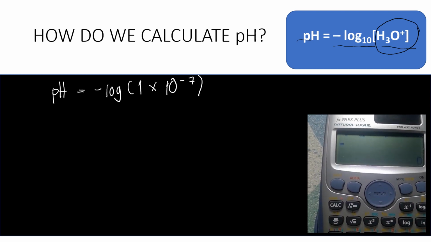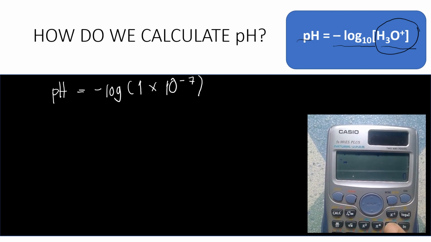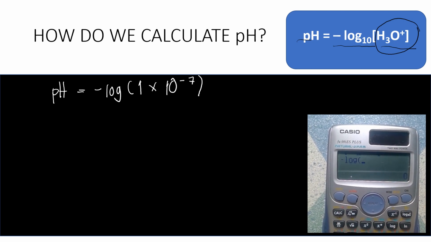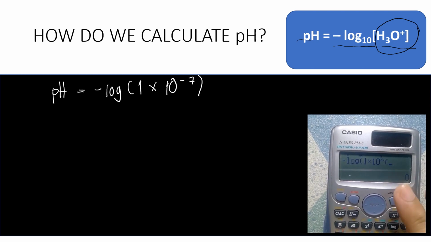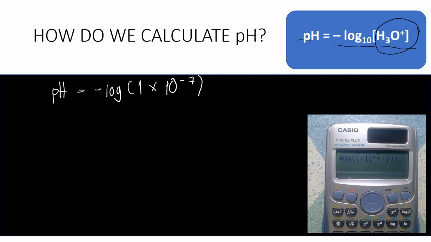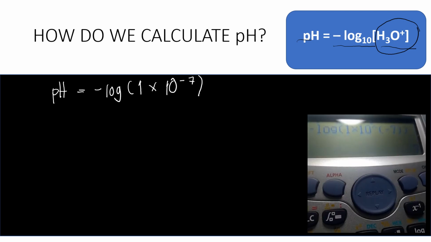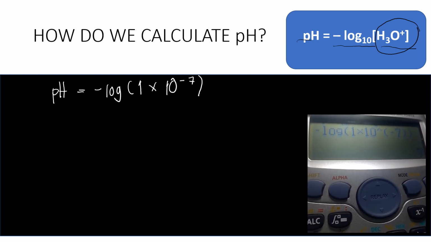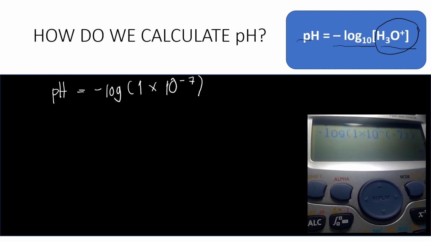So we put negative log of 1 times 10 raised to negative 7, and that would give me, okay, perfect, 7.